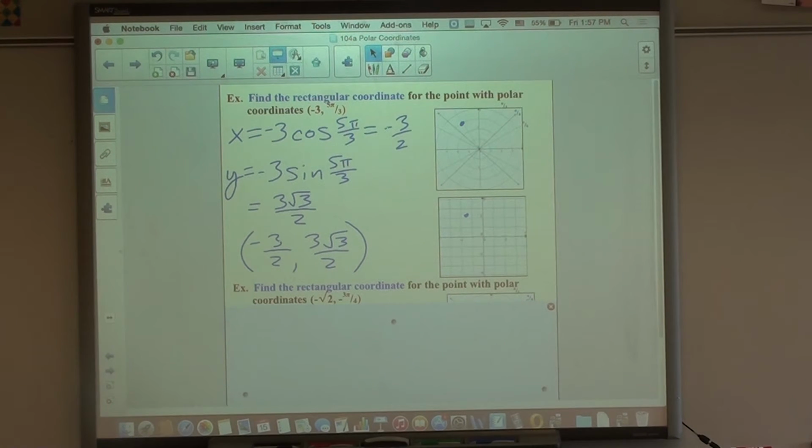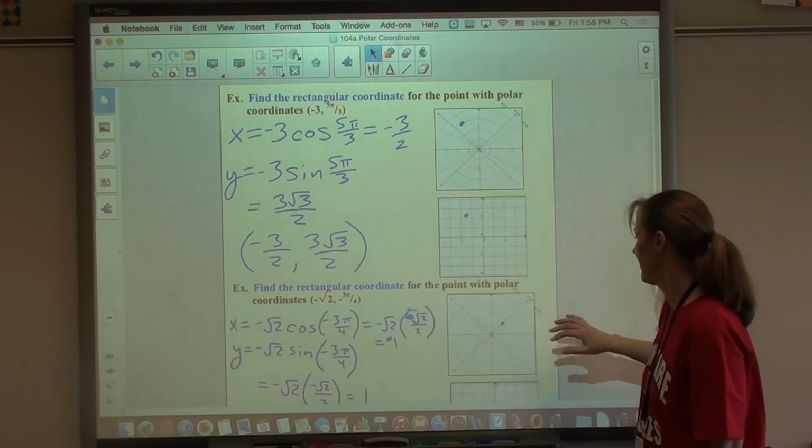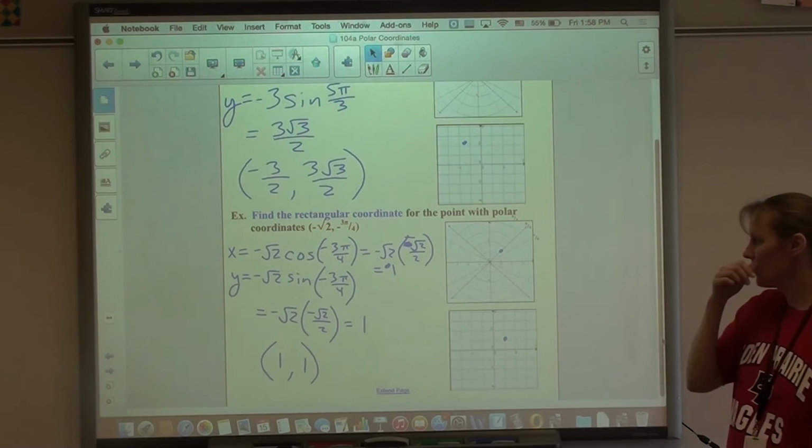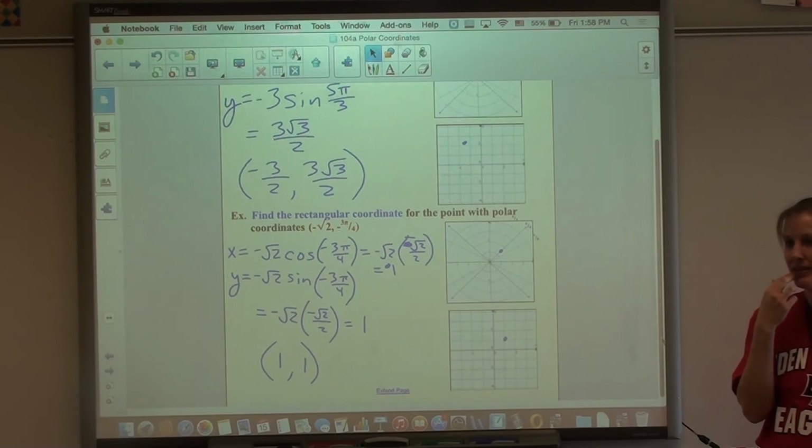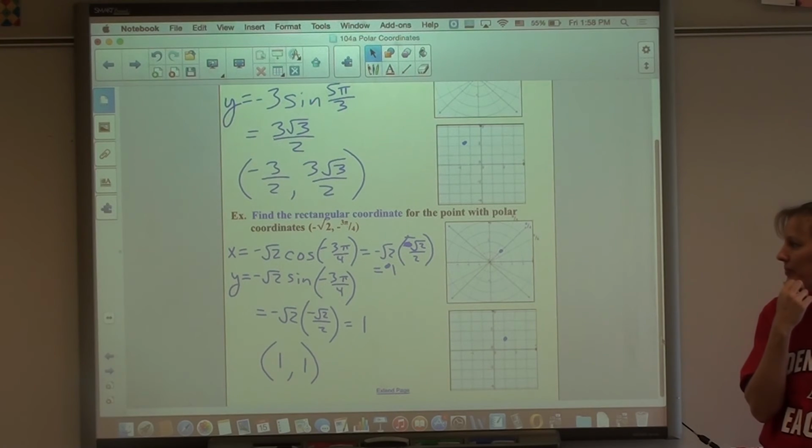Negative √3. Got 1-1. Everyone get the correct signs, the correct positives and negatives?